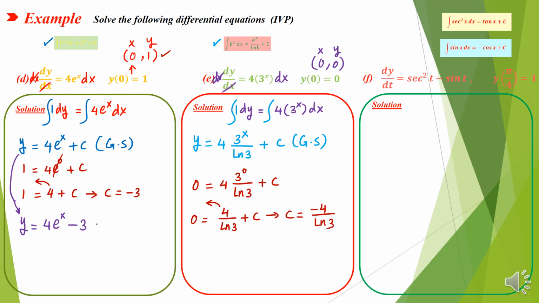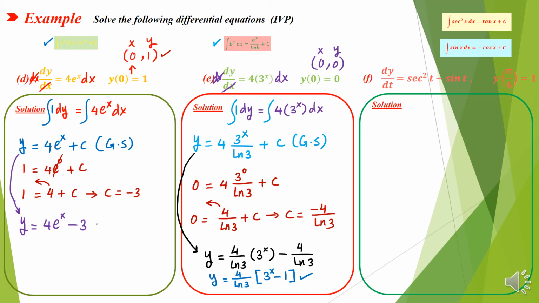So finally you have to find the particular solution, so you have to rewrite again the general solution with the given c value, and you will get 4 over ln of 3 multiplied by 3 to the x, then minus 4 divided by ln of 3. And if you take 4 over ln 3 as greatest common factor between the two terms, you will get y equals 4 over ln of 3 multiplied by 3 to the x minus 1.